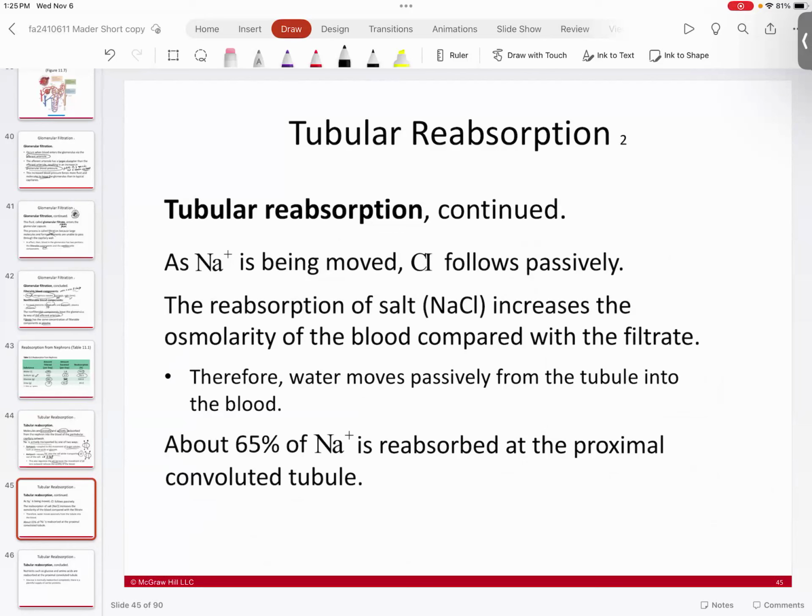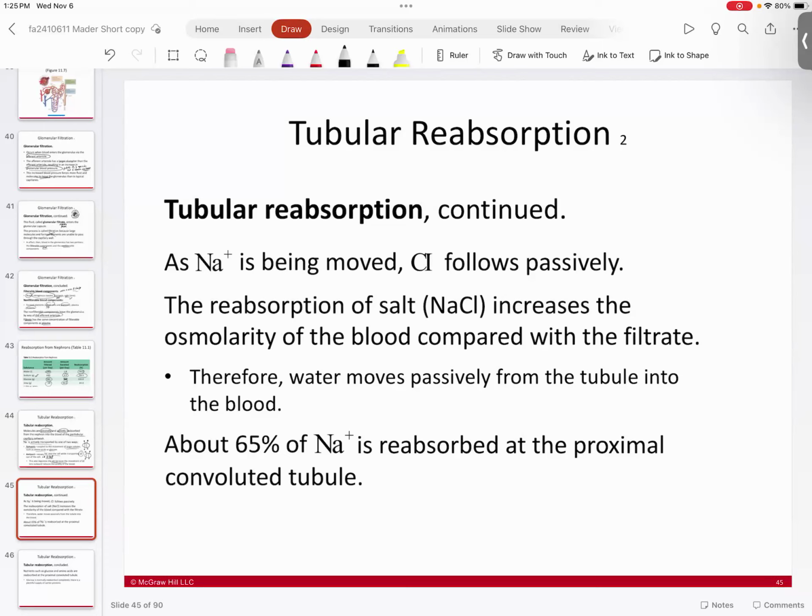However, sodium can also be moved around passively. When you're moving sodium around, the one thing you need to remember is that you're not just moving sodium, you're also moving charge, right? We don't want to move charge because that will create an electrostatic buildup, very similar to static electricity or lightning.